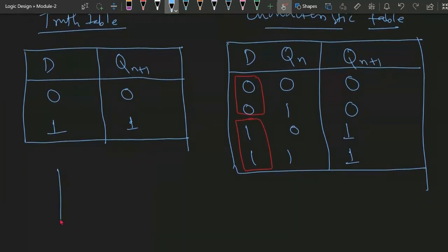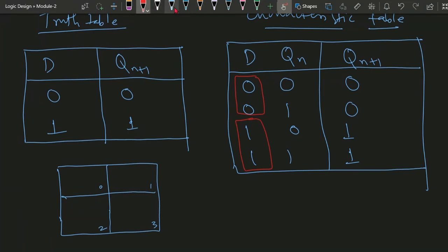From here we have calculated. Now we need to draw the K map to simplify the expression for Qn plus 1, which will give out the characteristic equation. In case of D flip flop, two variables are there, so the possible combinations are 0, 1, 2 and 3. To write down the expression, we find the 1s, which are at minterm 2 and minterm 3.